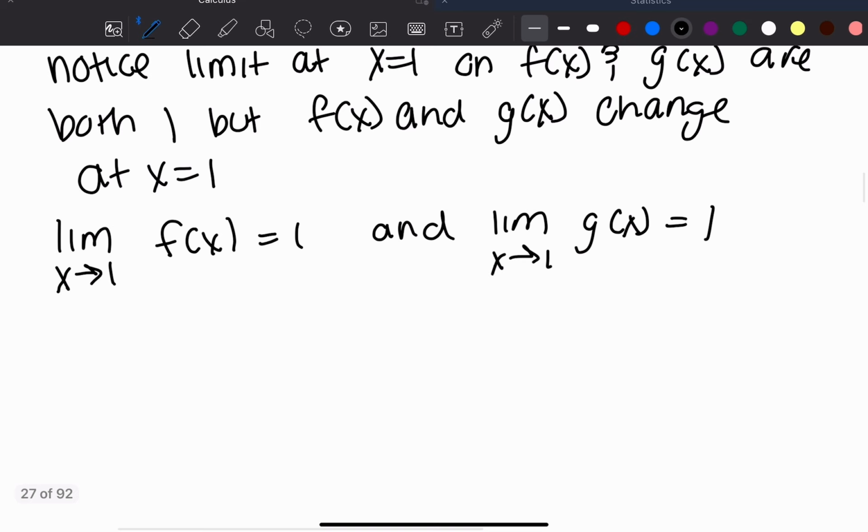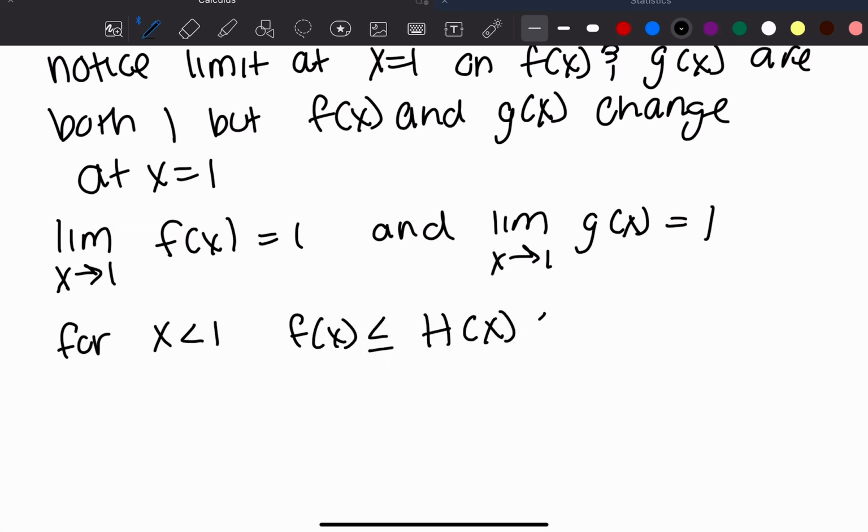Well, in order to prove that we can use the squeeze theorem to find the limit of h of x, we have to look at the values on either side, the left and the right. So for x less than 1, f of x has to be less than or equal to h of x less than or equal to g of x.